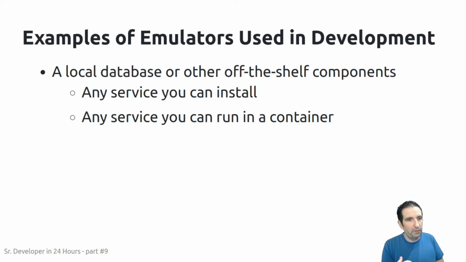It is a lot easier to distribute, for example, a Docker Compose file or a dev container configuration so that your teammates can replicate the emulators that they need to run locally without having to manually go through all of the installation and all of the management.